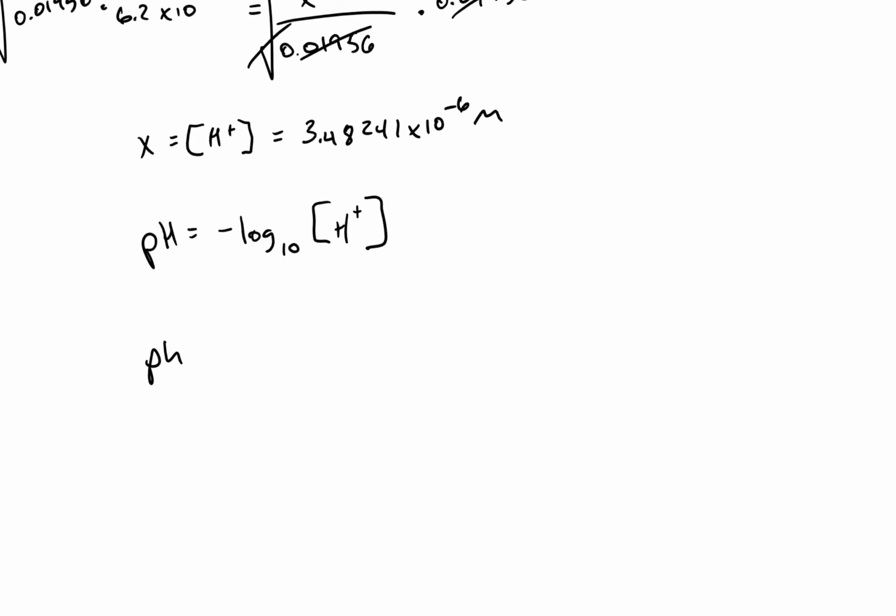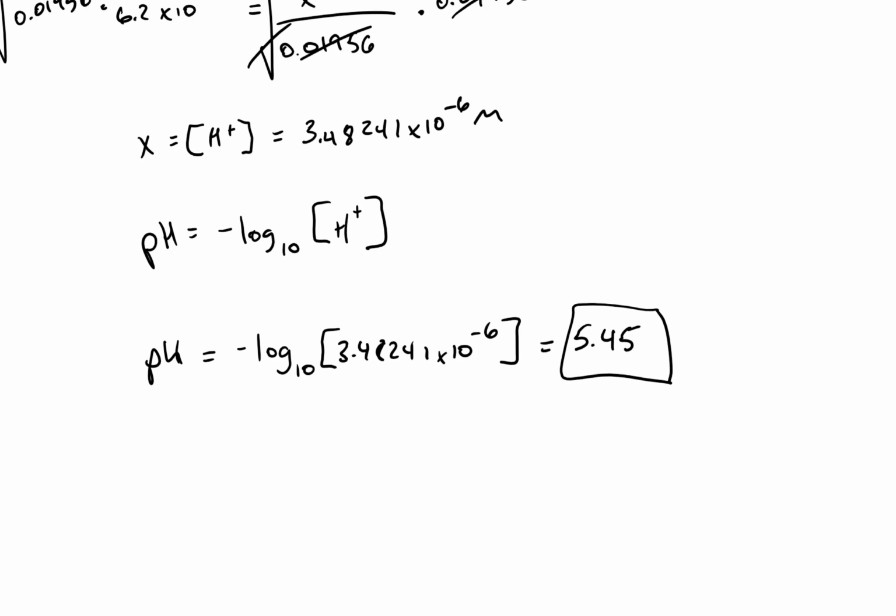We find out that pH is equal to negative log base 10 of 3.48241 times 10 to the negative 6, which gives us about 5.458, and that is your final answer.